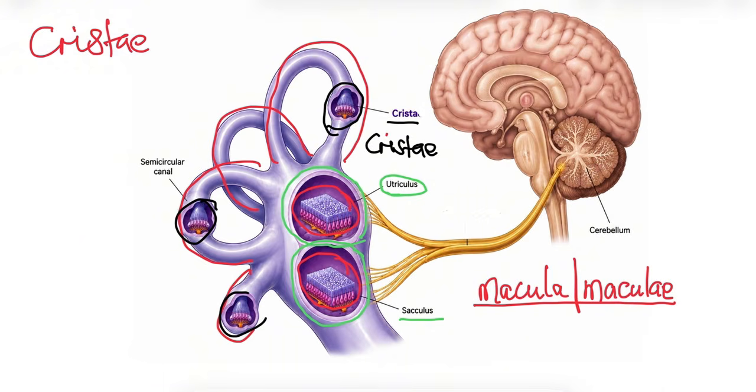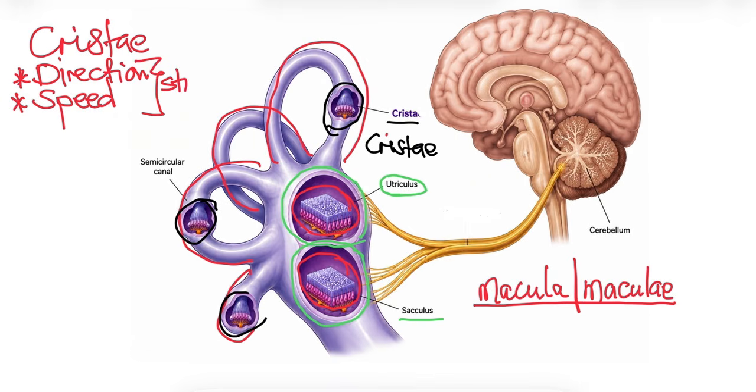Number one would be the change in direction of movement. Number two would be the change in the speed of movement. So these two would be the stimuli that would stimulate the cristae.